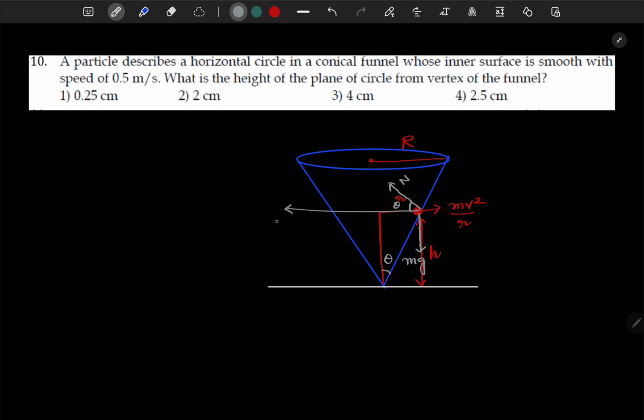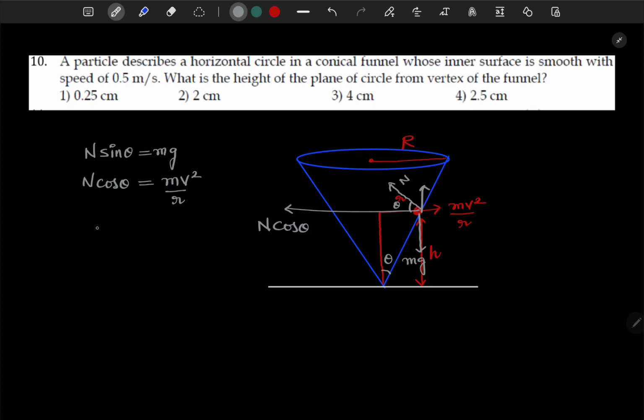Hence it becomes n cos theta, which is balancing mv square by r, and this is n sin theta. So you can write n sin theta is equal to mg, and n cos theta is equal to mv square upon small r.